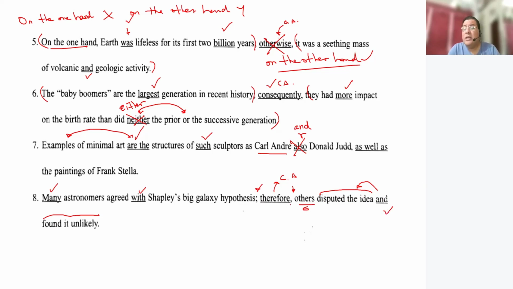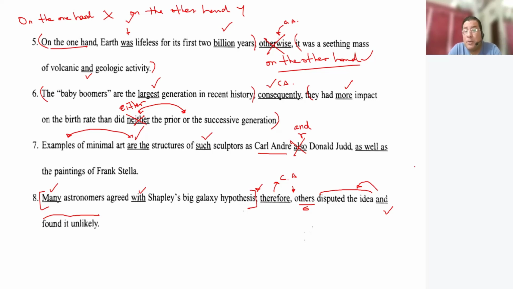But what about the logical relationship between the first independent clause here and the second? It looks like there is some kind of contrast between the astronomers mentioned in the first group and the others, the ones mentioned in the second statement. So we need a conjunctive adverb that expresses this contrast, this opposition of the two ideas, the two groups.